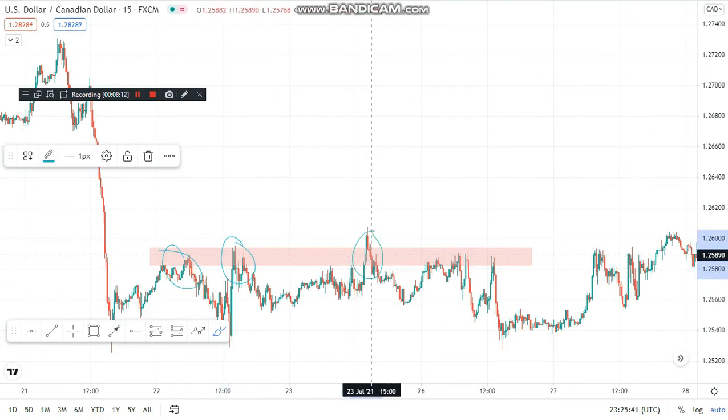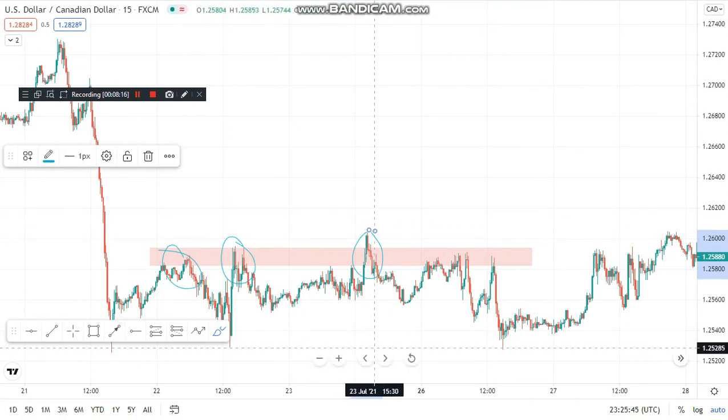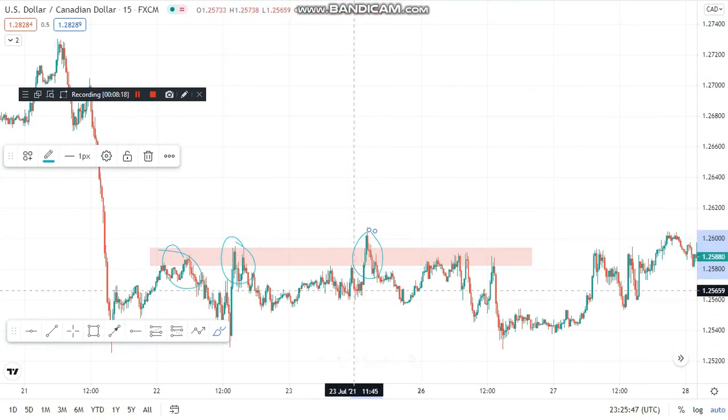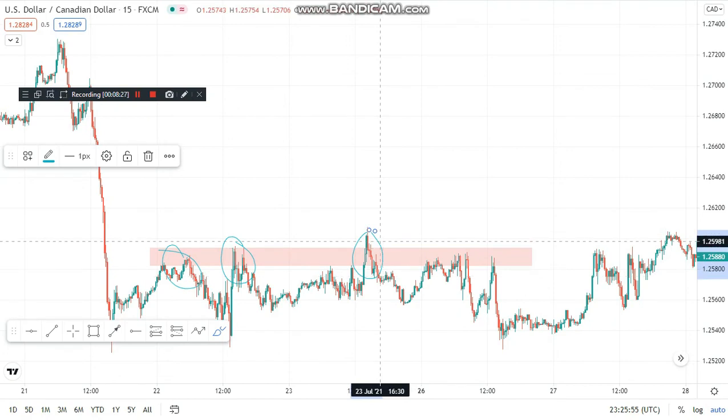Now look at the second touch. Although it broke it somehow, this is not a clear break. In a case like this, you wait for the market to give you a clear break, or you wait for a reversal candle pattern. The reversal candle pattern there is the railroad track.